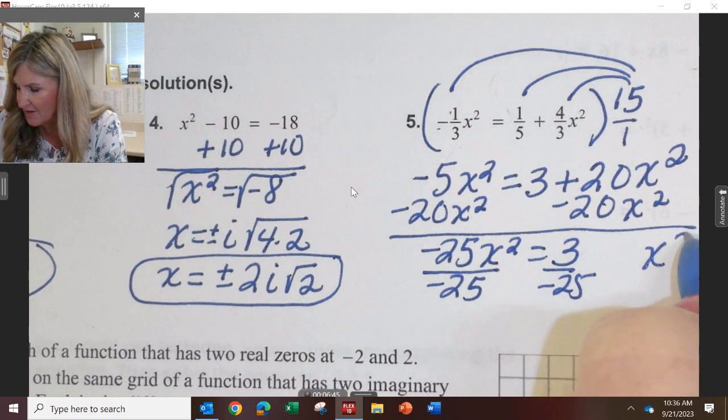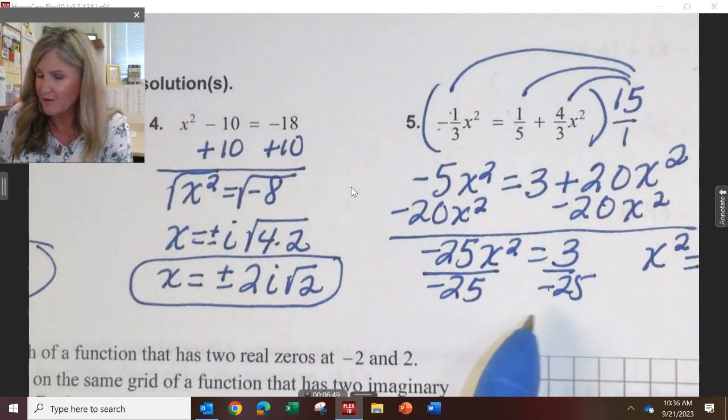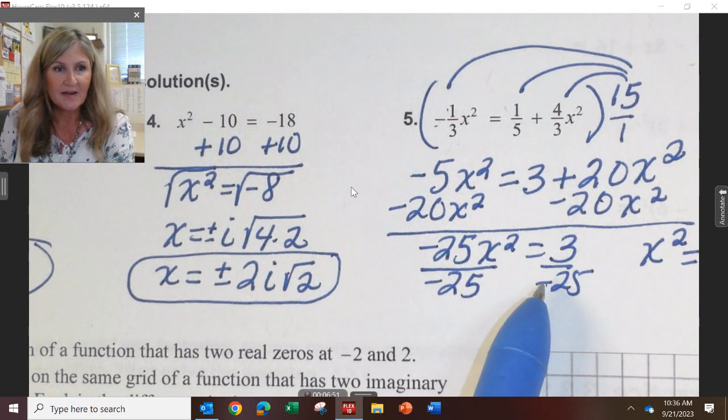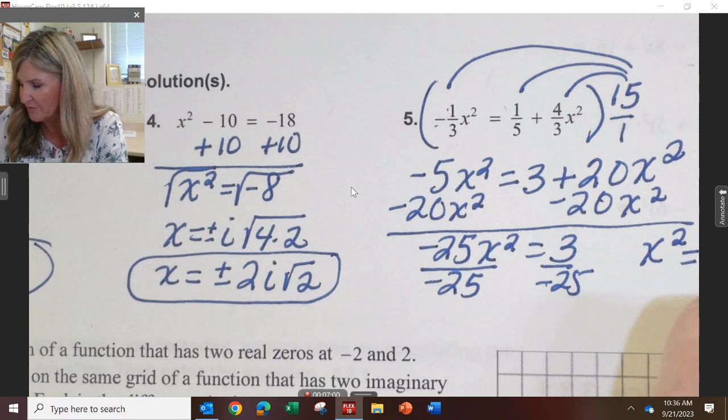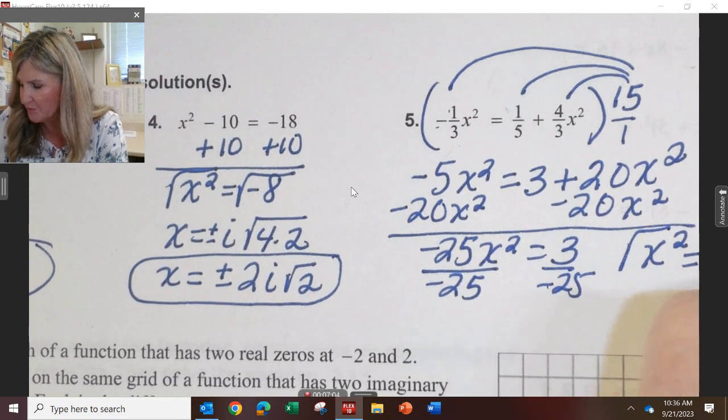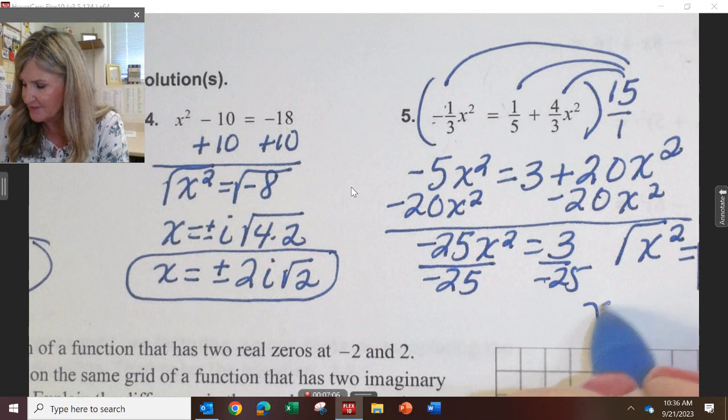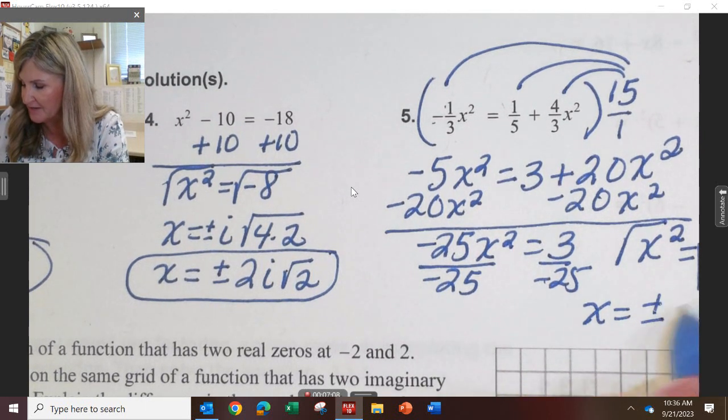So right now I've got x squared equals negative. This negative can go anywhere, guys. Even though I divided by negative 25, I can put the negative in the bottom, in the front of the fraction symbol, or in the top, wherever we want it to go. Now I have to take the square root, and my answer is going to be plus or minus.